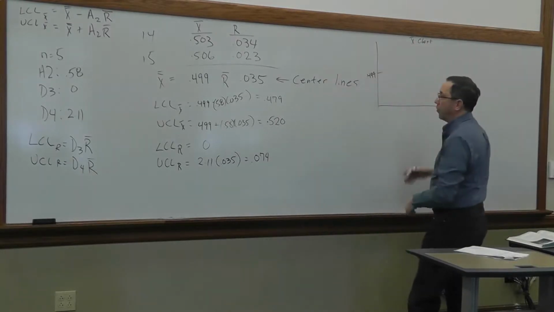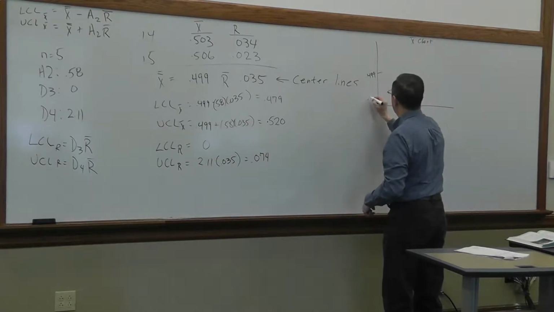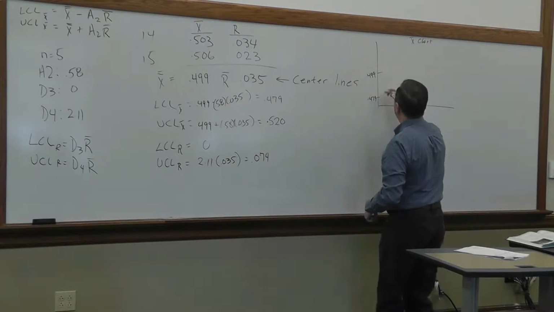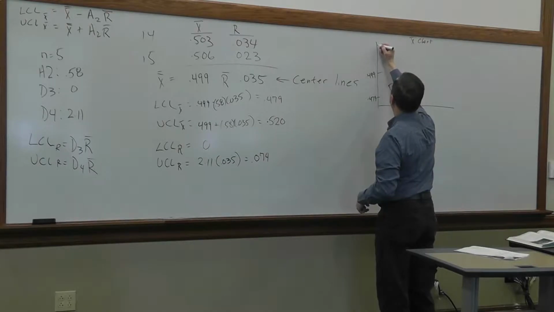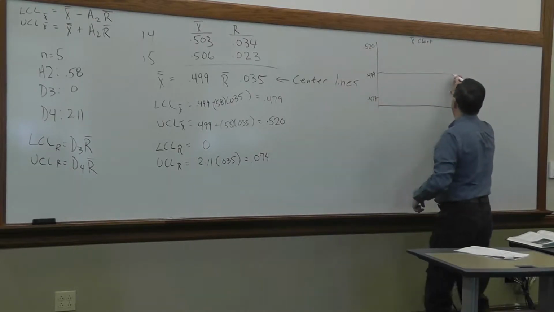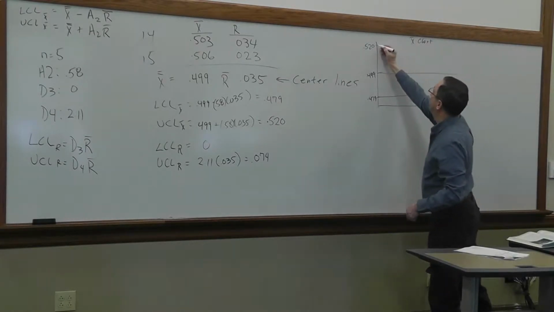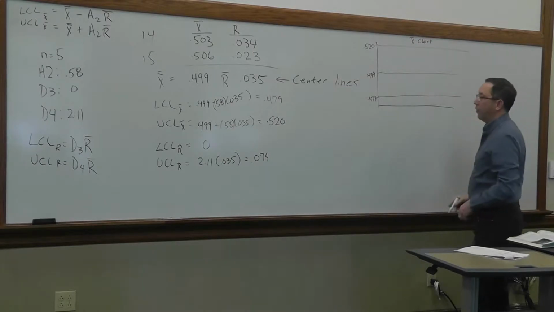We plot control limits on here at 0.479. And take it on up to 0.520. And these would simply become horizontal lines. When you plot a constant on a run chart, you get a straight line that runs straight across.